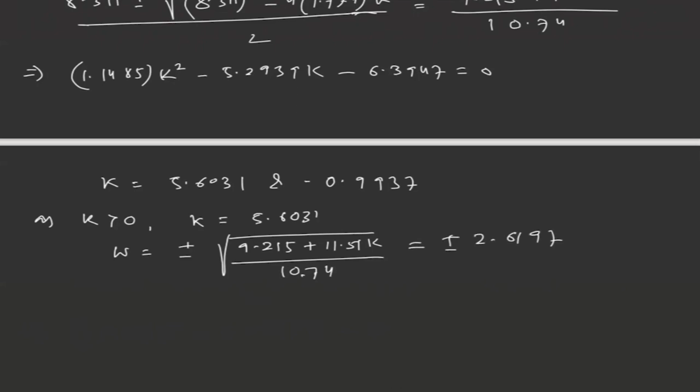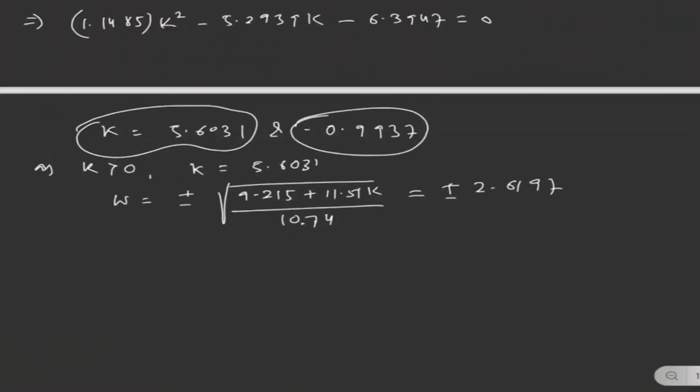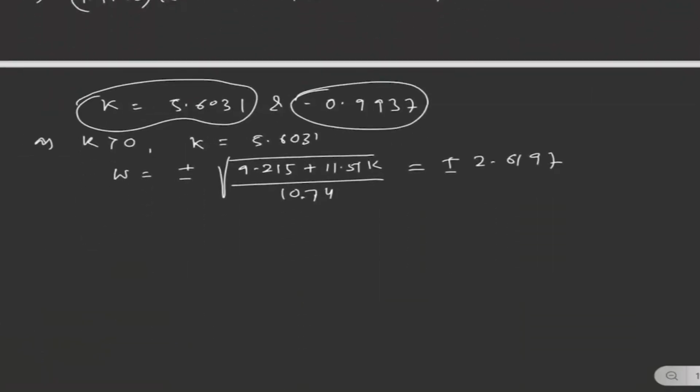So this is the value we have to take for K. The other is not satisfying the angle condition.